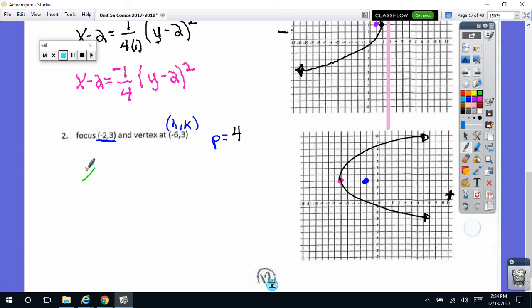Okay, so I have X minus my H, 1 over 4 times 4, y minus my K, all of it squared.